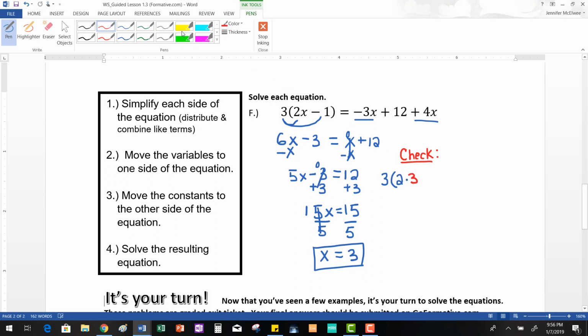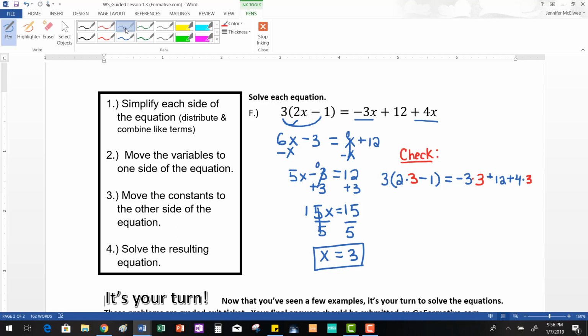So we're checking our 3. Keep it color-coded for you. Minus 1, that's on the left-hand side. On the other side, we have negative 3 times x. So negative 3 times the 3 that we got for our answer. Plus 12 plus 4x. So 4 times, we got 3 here.